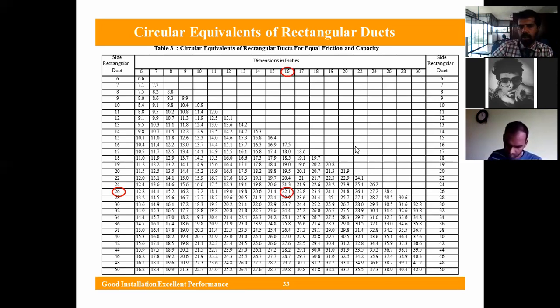Velocity in ducts, low velocity is 800 to 1600 fpm, and high velocity should be above 1800. For high velocity, you just give 1800 fpm. Mostly low velocity application only will be dealt with.